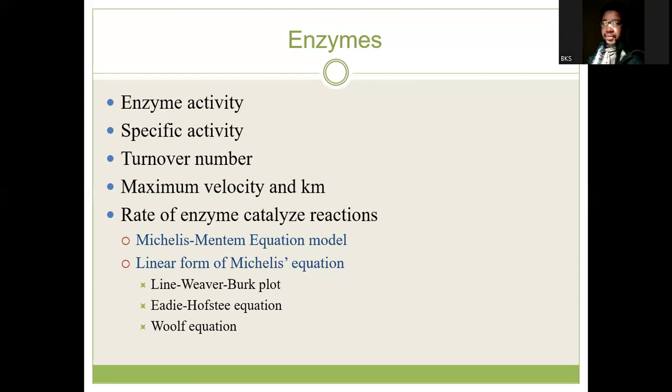And then we talk about specific activity. In specific activity, we are signifying it's all about the enzyme purity. How does the enzyme purity affect the efficiency in terms of the activity of the enzyme? So specific activity deals with the amount of the enzyme or the enzyme activity per milligram of the total protein. Maybe 1 milligram of the protein, what is the activity of the enzyme?